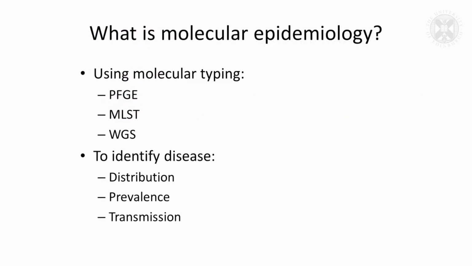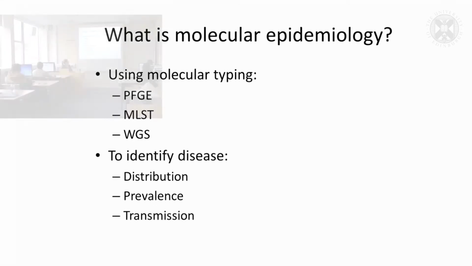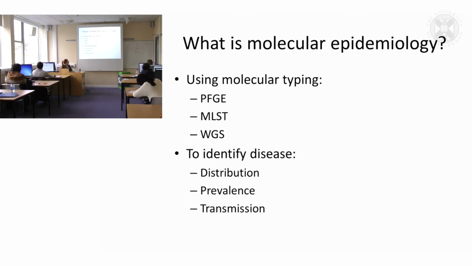In terms of molecular epidemiology, why do we want to do this? What's the point? There are a few different reasons why you might want to partake in it. In terms of disease, you might want to find out the distribution. If you have an outbreak, you might want to find out how it's been transmitted or where it's come from.